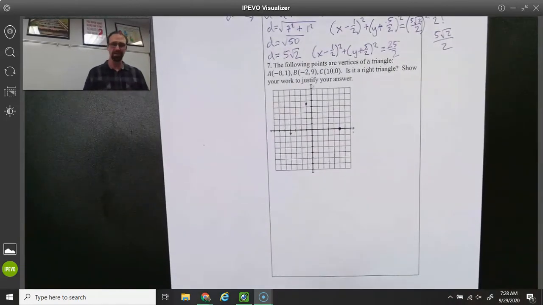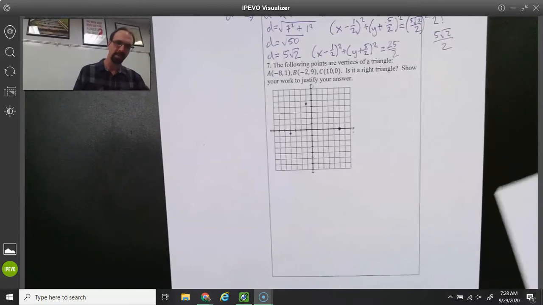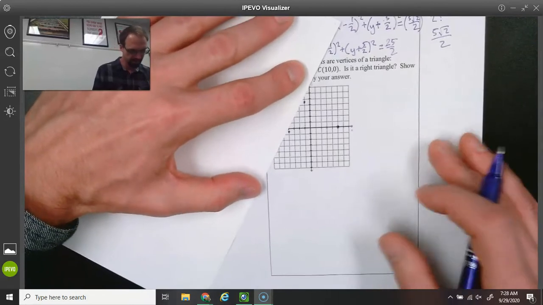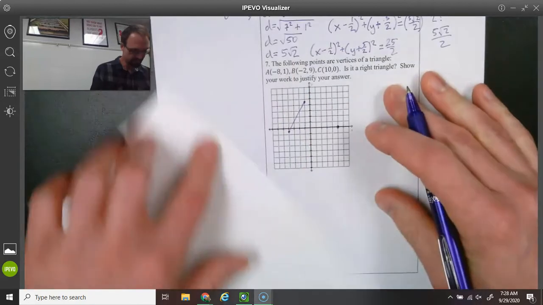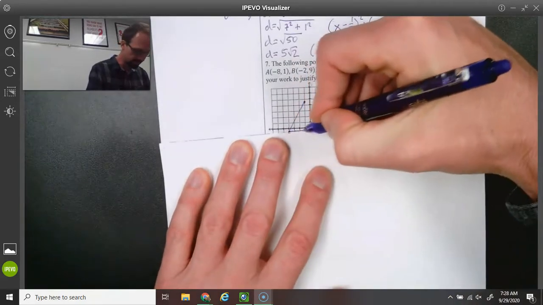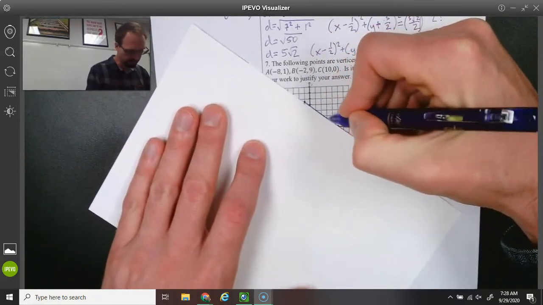Now there's two ways to approach this problem. Knowing that the slopes have to be opposite reciprocals, that's one way. If I look at this, I'm going to have this value here, this value here, this distance here, and this distance here. So there's two ways.